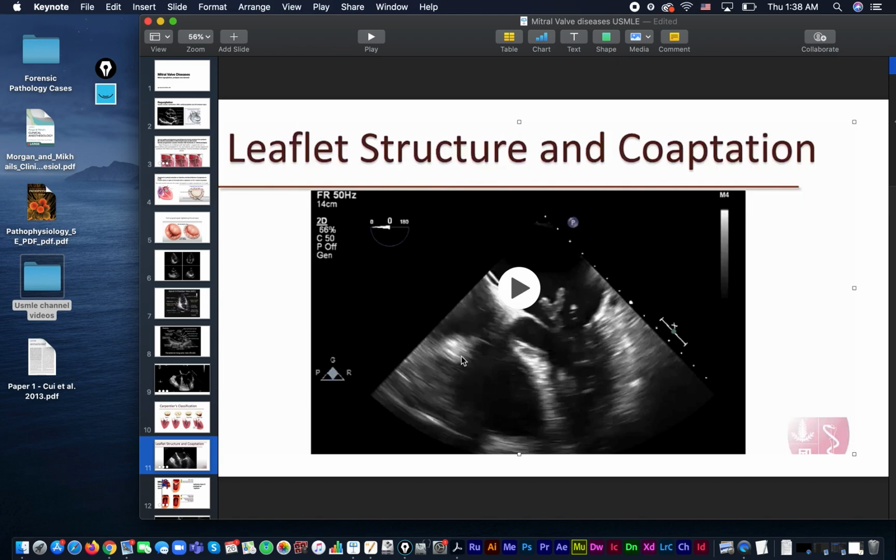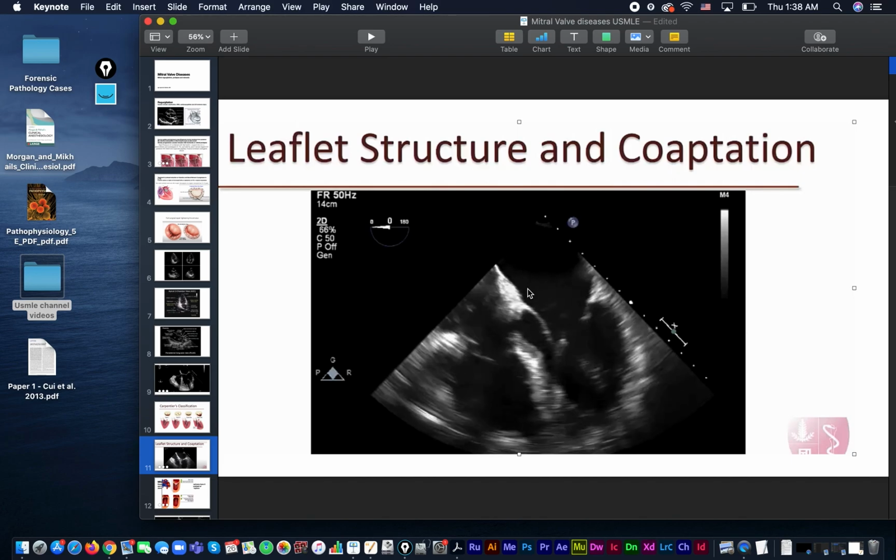Okay, here we go. We caught it. Diagnosis. You see the tricuspid valve is closed. The mitral valve is open. Yep, so that's why it's definitive diagnosis. And to prove it further, the color Doppler will show up.